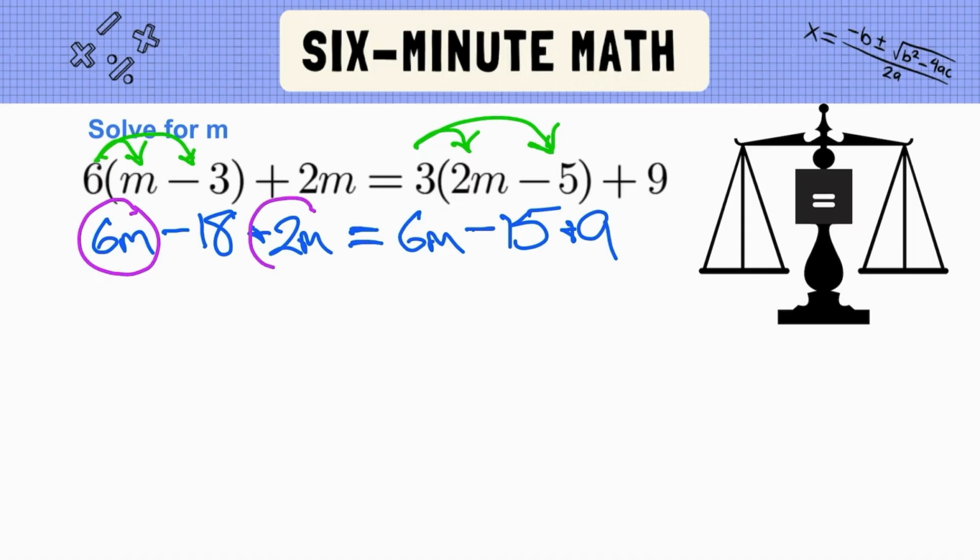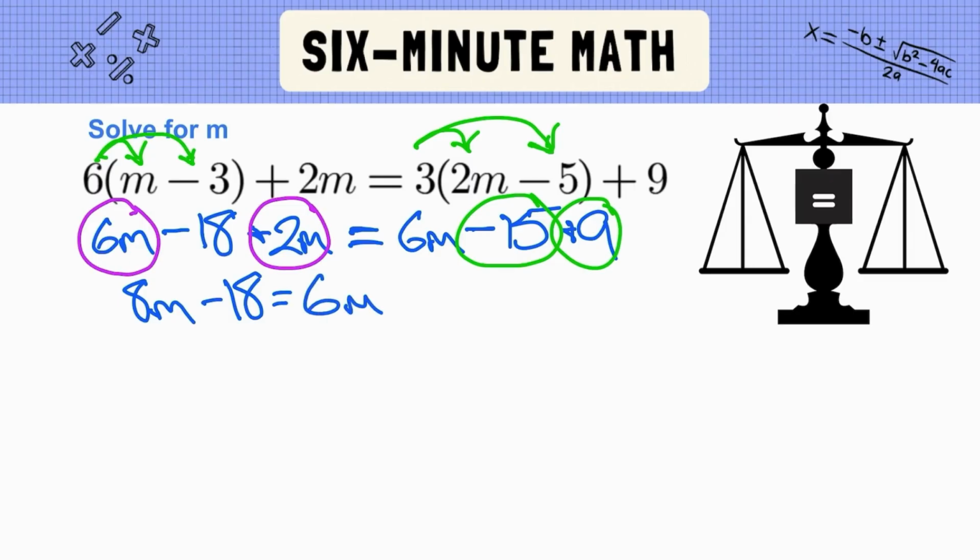On the left, I have some m's. And on the right, I have some numbers. 6m plus 2m is 8m minus 18 is equal to 6m. Negative 15 plus 9 is negative 6.